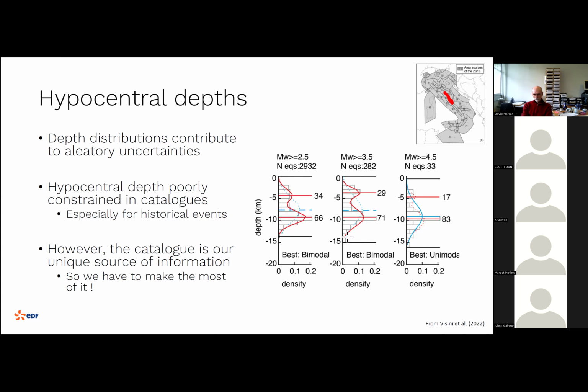I don't want to discuss this particular fact in detail, but in this case, for the larger earthquakes in their database, they found that the unimodal was a good description.